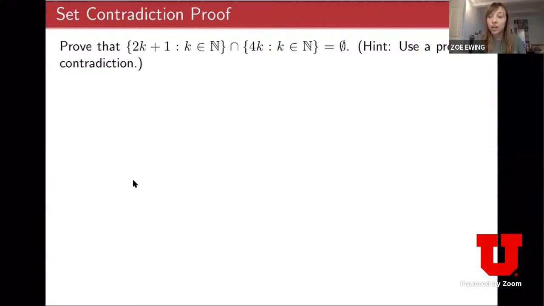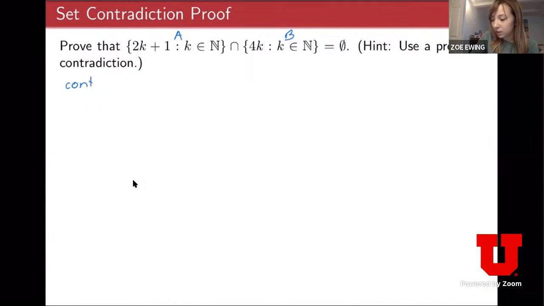I'm going to go back just a couple more steps so that we have a basis for saying that. I'm just going to call these sets A and B. A contradiction is that A intersect with B is non-empty. And if it's not empty, that means that there's at least one element. So let's let X be in the intersection of A and B.